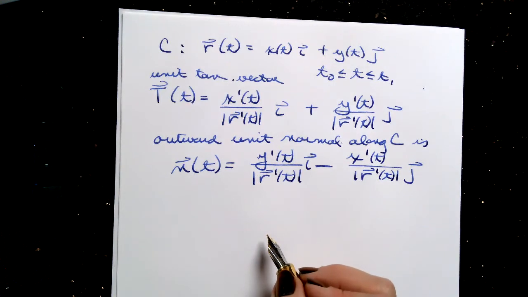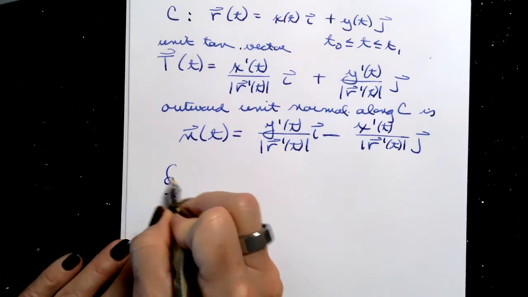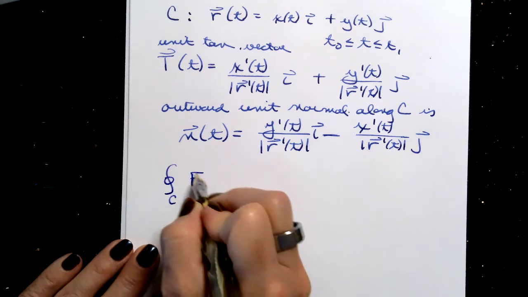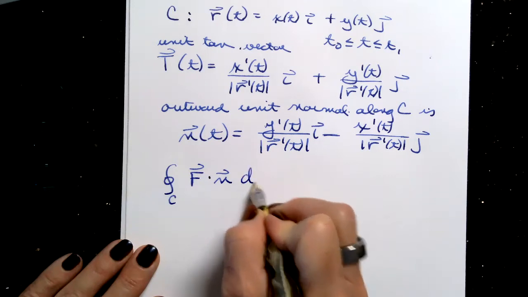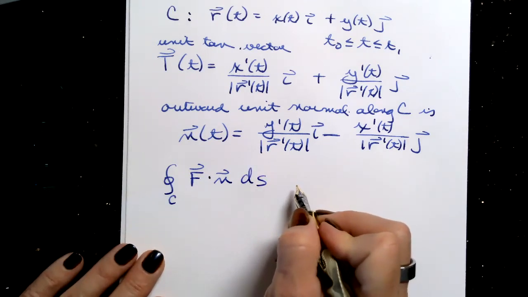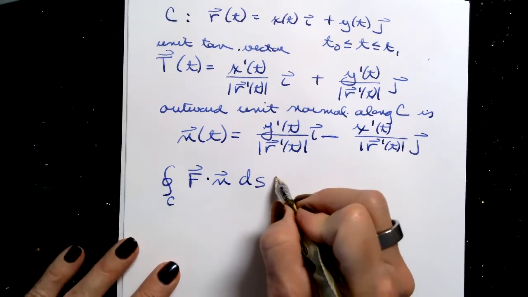So now we wanted to get a version of Green's theorem for the normal component of f along C. So let's see what we can say about that. Suppose I look at the line integral of f dot n, which is the normal component of f along the curve C, with respect to ds.